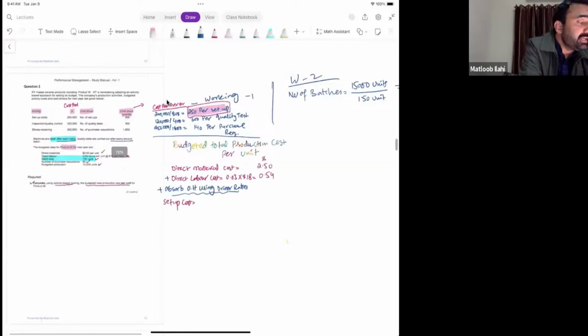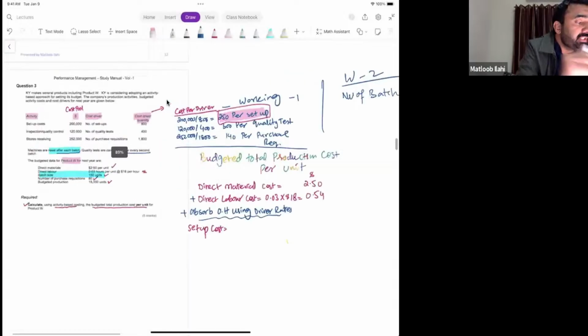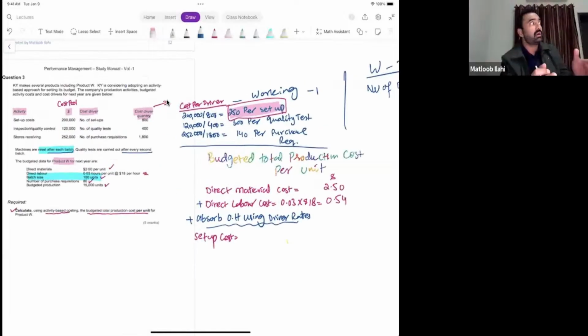So if you look at this data, machines are reset after every batch. So if there are 100 batches, how many setups will be required? After every batch, one reset is required, meaning machines need to be set up after every batch.